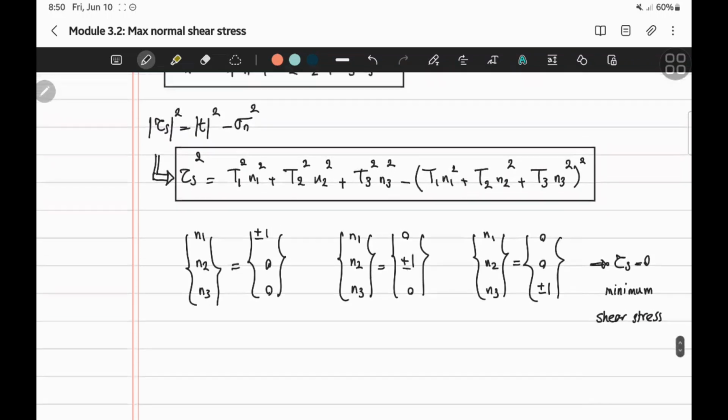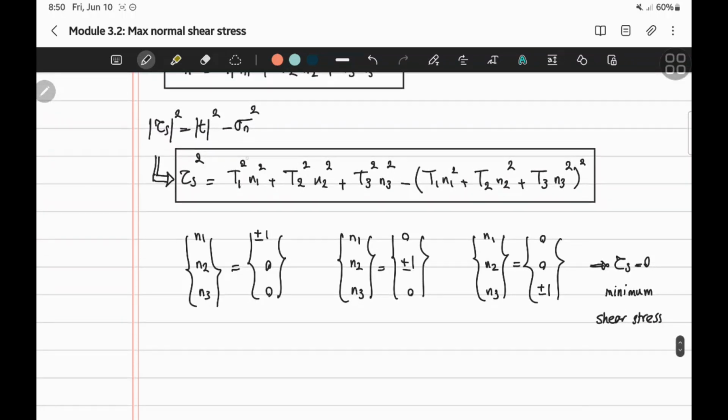And why is this the minimum shear stress? Since we have here T1 as a real value, if you have a real value, either positive or negative, when you power it to an even number, you get something positive. So everything here is positive. So tau s squared is positive because these are all real numbers.